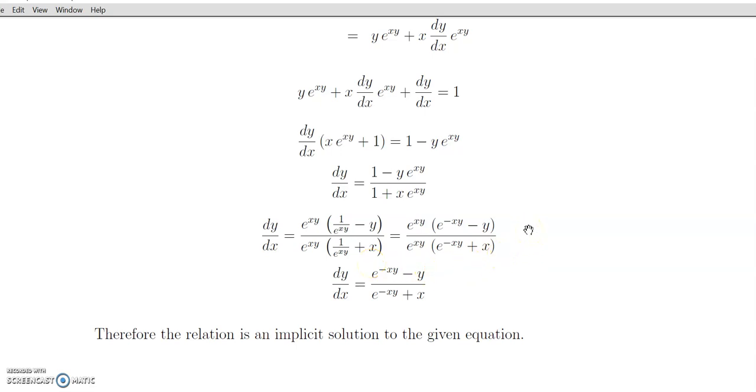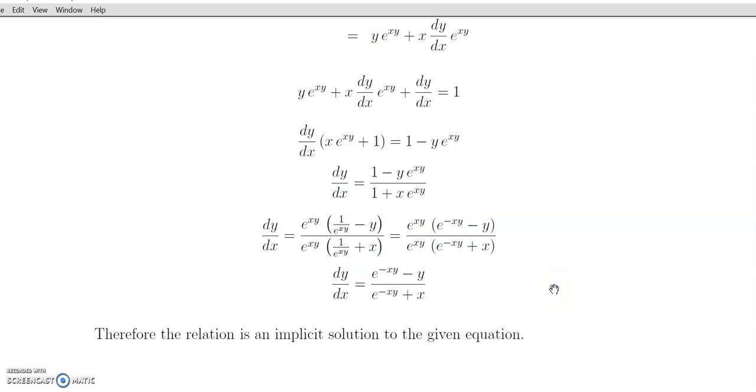So this is e^(xy) times e^(-xy), that's 1/e^(xy), minus y over e^(xy) times e^(-xy) plus x.